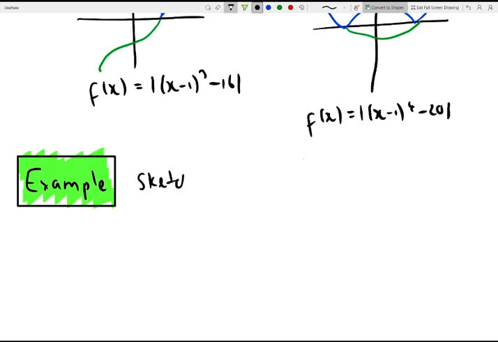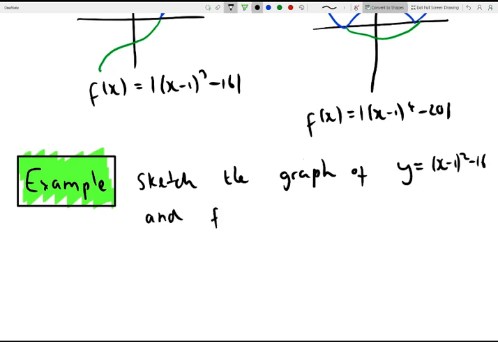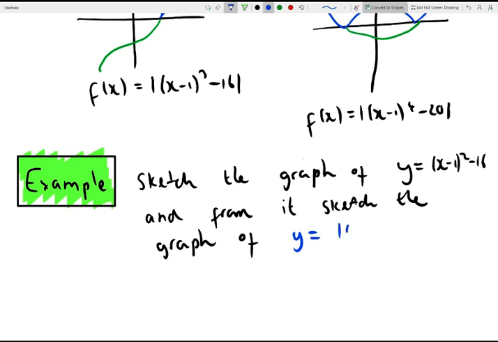Sketch the graph of y equals x minus 1 squared minus 16, and from it sketch the graph of y equals the modulus of x minus 1 squared minus 16.